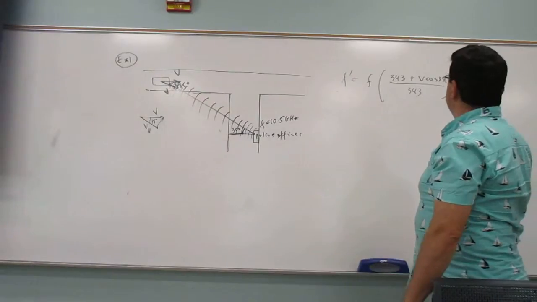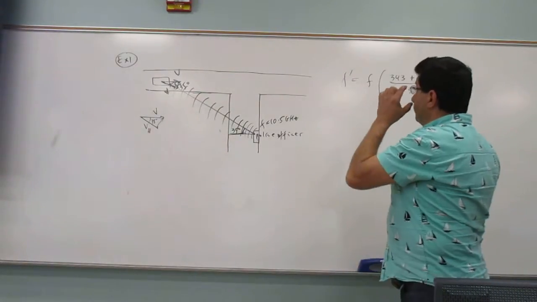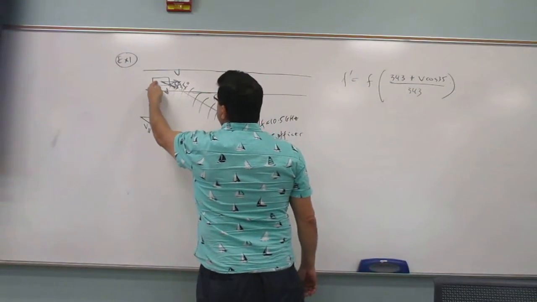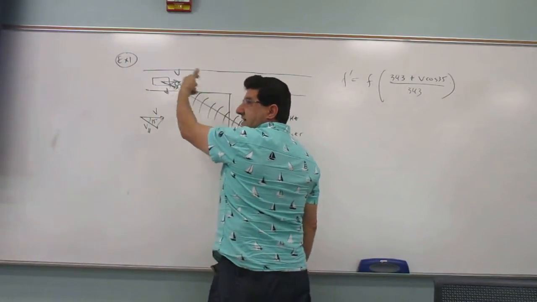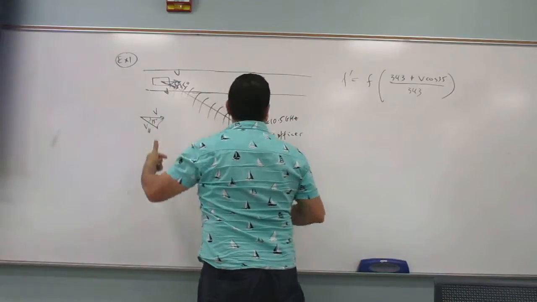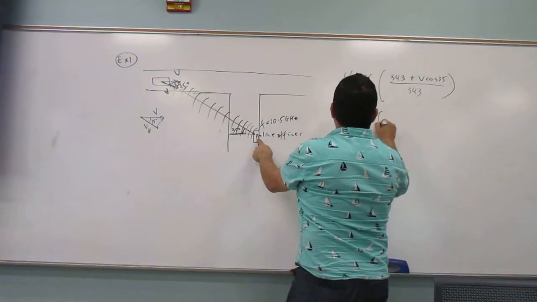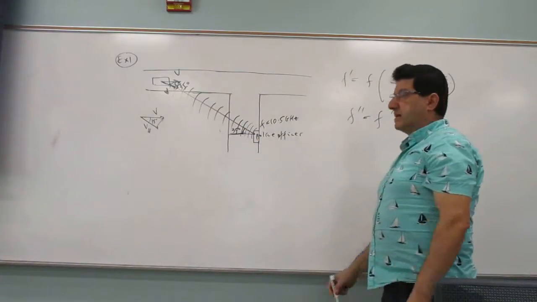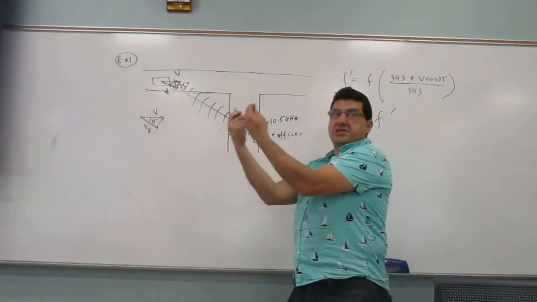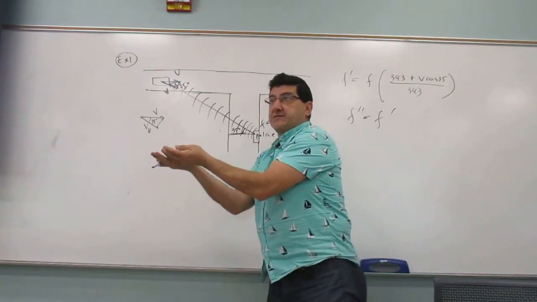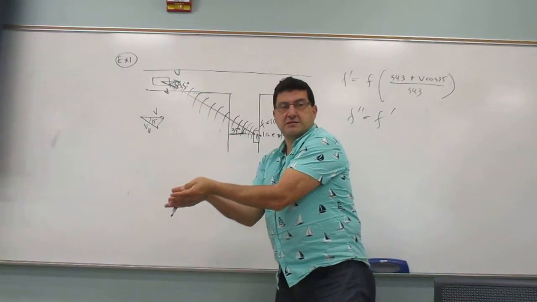right? And then you're going to have, so now when the wave is reflected, he acts as the source, right? So now he acts as the observer. So F double prime is equal to F prime, because since he receives the waves with that frequency, then he emits the waves with that frequency, right?